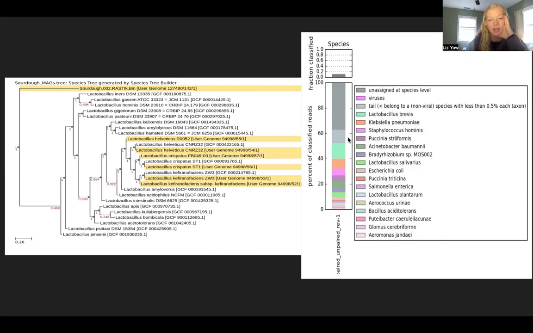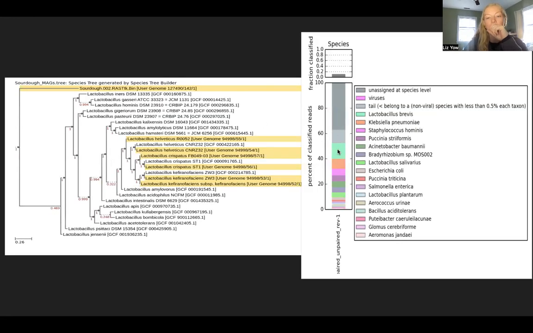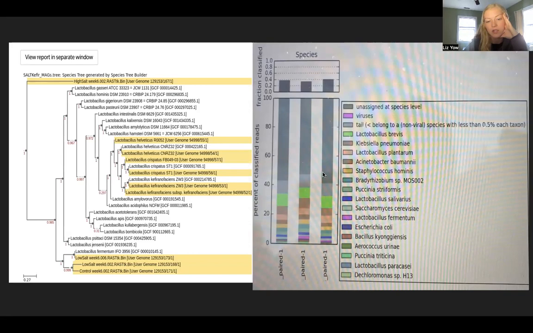As you can see, Lactobacillus brevis is still the highest in the Kaiju graph right here, the greens. However, it's different in the species tree. There's no Lactobacillus fermentum. So that changed, and that was just during a short period of growth and the addition of the salt.